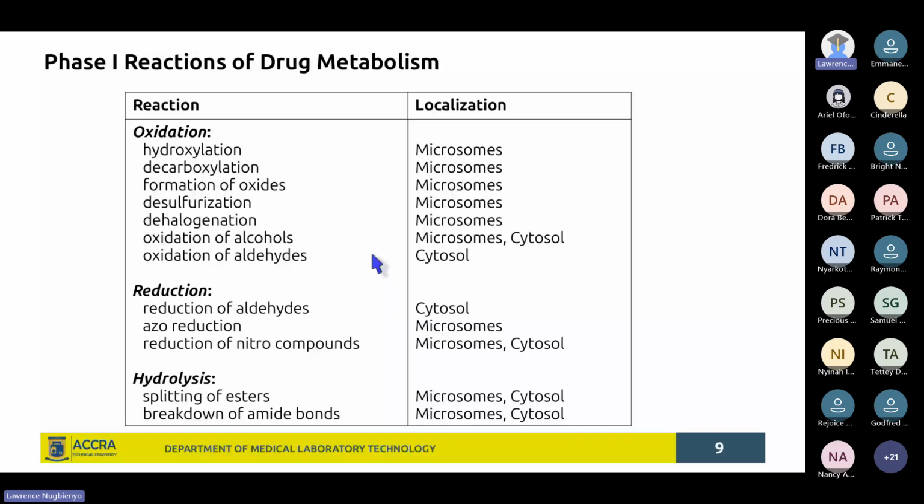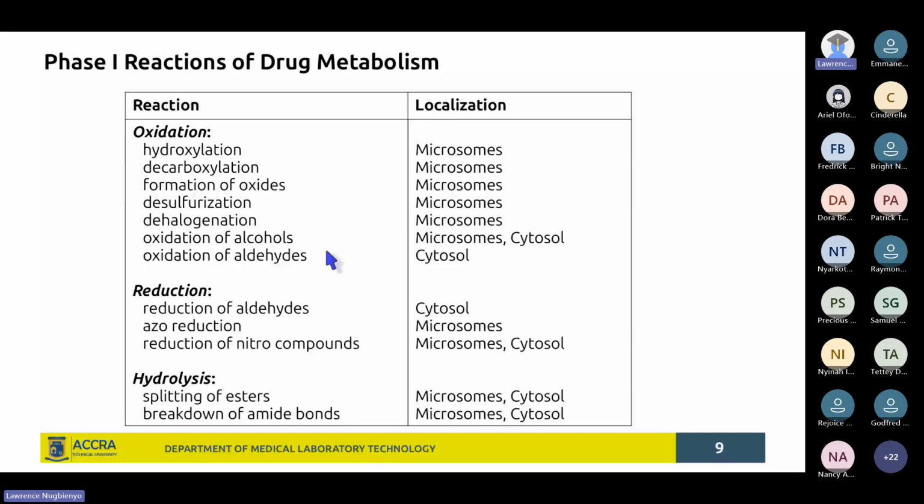And even in the oxidation itself, you have different reactions that are under oxidation. It can be hydroxylation, decarboxylation, formation of oxides, desulfurization, dehalogenation, oxidation of alcohols, oxidation of aldehydes.